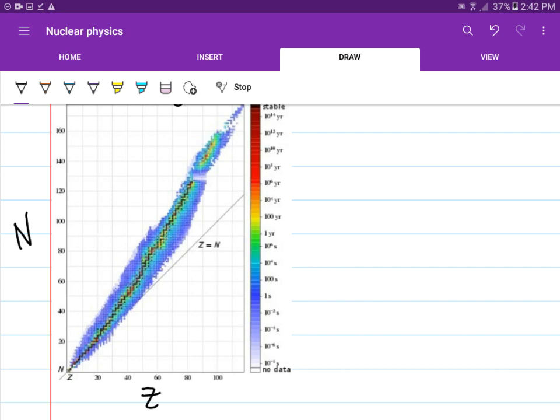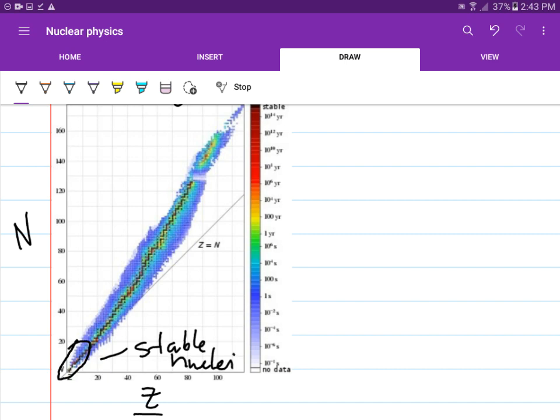He plotted all 2,500 nuclei, and he observed that as you increase the number of protons, the number of neutrons doesn't follow a linear increase. What we have here is a region of only the stable nuclei.